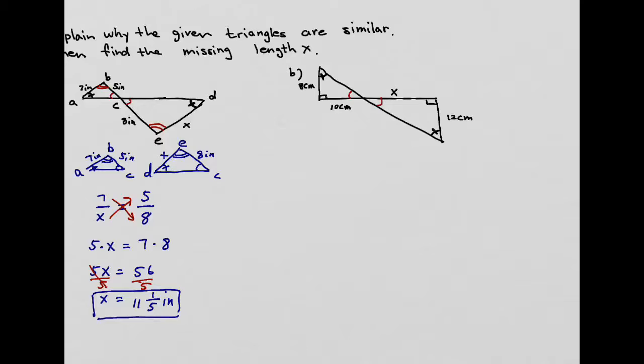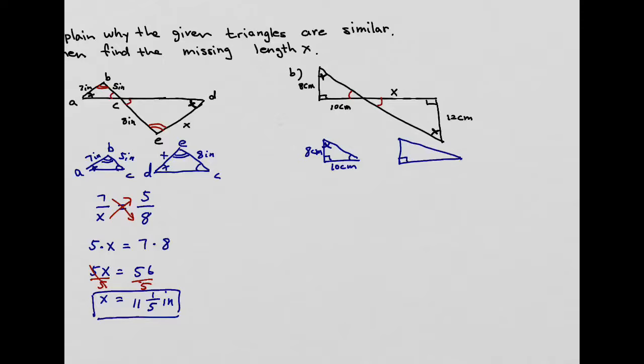So now what I wanted to do is draw it into the same shape so I can see which side is proportional to which other side, right? This way I have 8 centimeters and 10 centimeters, and I have a right angle right there, and these two angles like that.